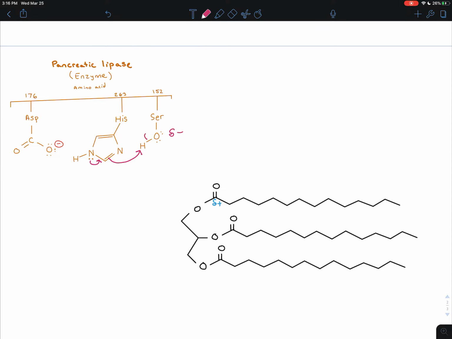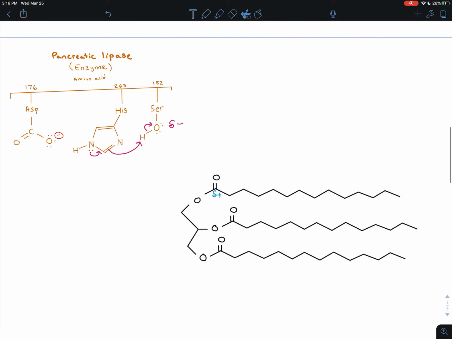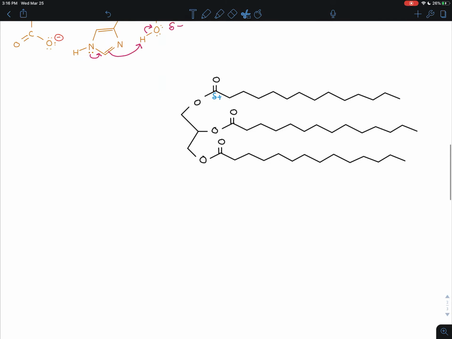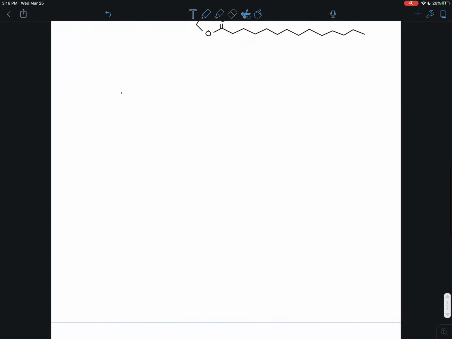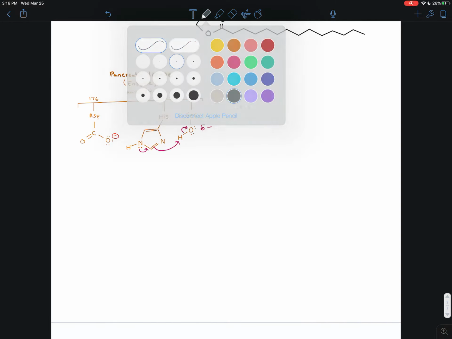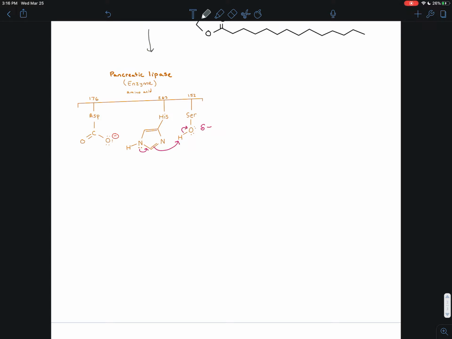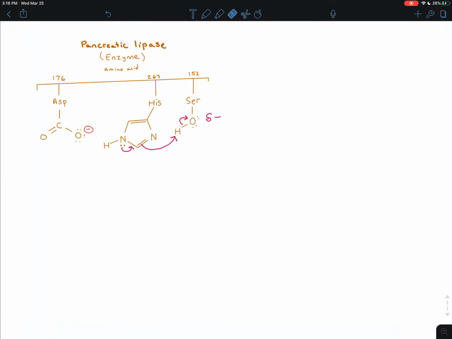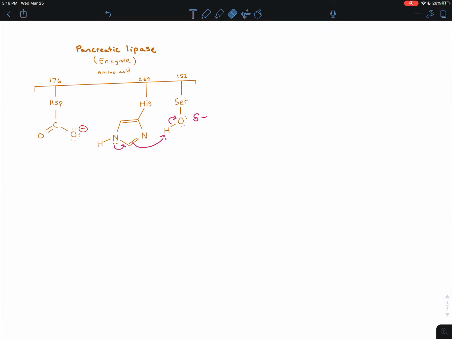And that will push these electrons onto the serine and give it a full negative charge. So after this first step, what we'll have is those pi electrons will now be a bond to this hydrogen, so that will have moved.